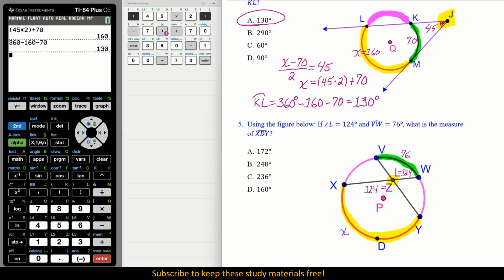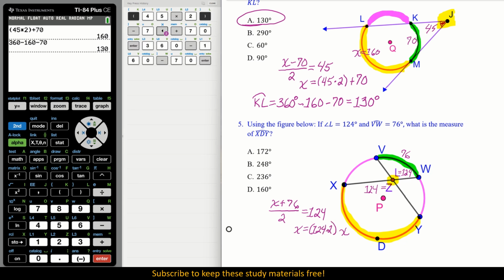So we say X plus 76. We add when our intersecting lines come together inside the circle. Divide by 2, and that equals 124, which of course gives us a way to find our value of X, which is 124 times 2.